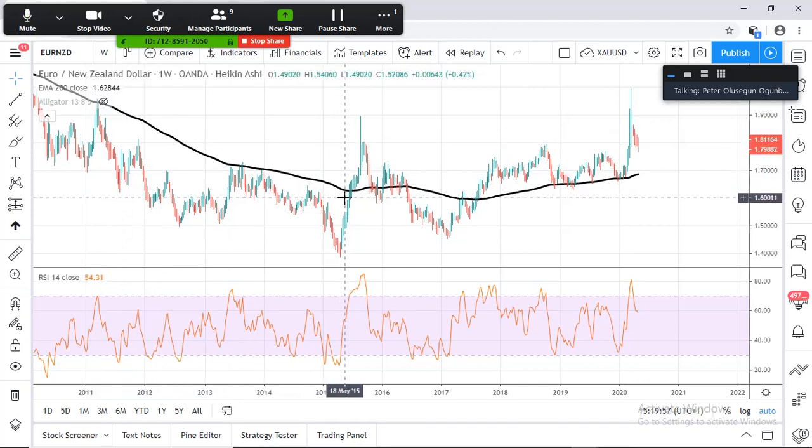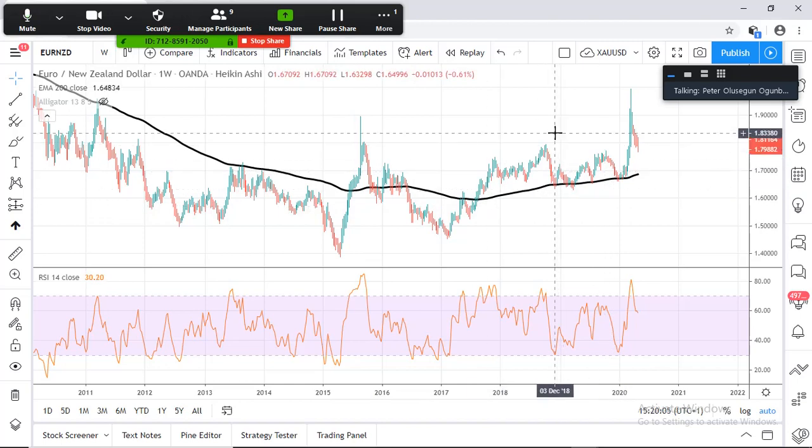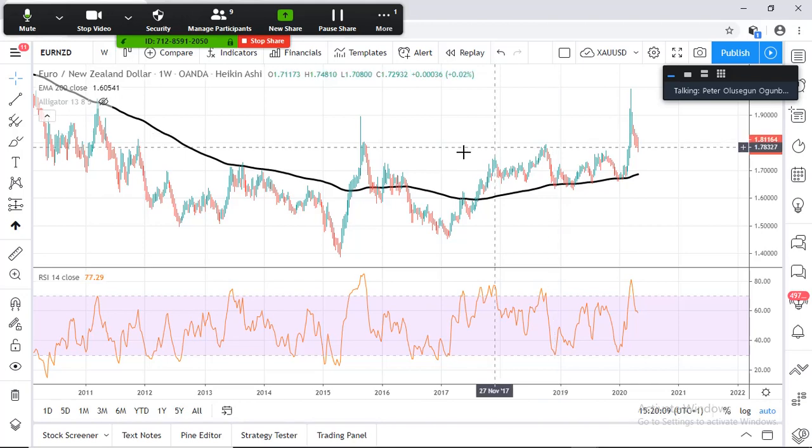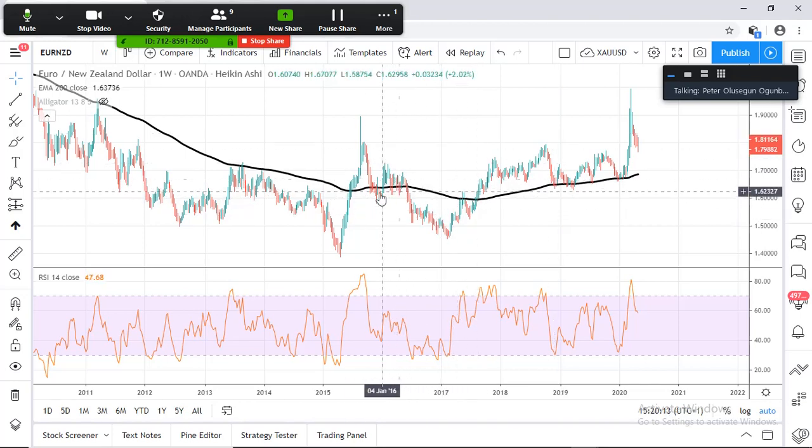When the price is below this curve, this EMA 200, we believe that it is in a downward trend. When the price is above this curve, which is EMA 200, we say it's an uptrend. But when the price is wrapping around it, up and down around it like this, and up and down around it here, that's a sign of consolidation.